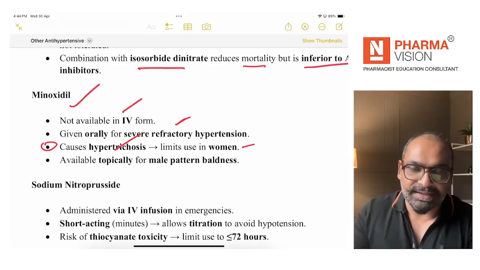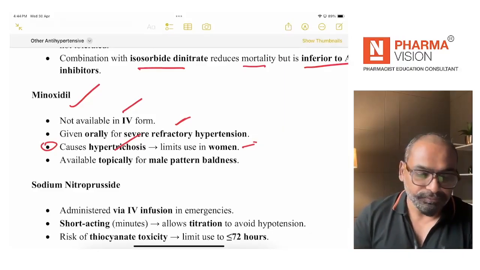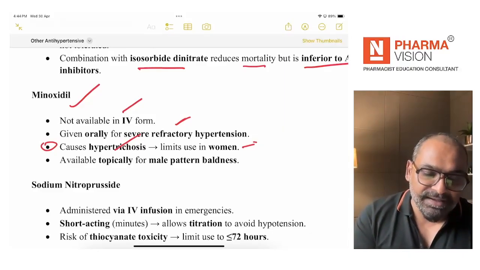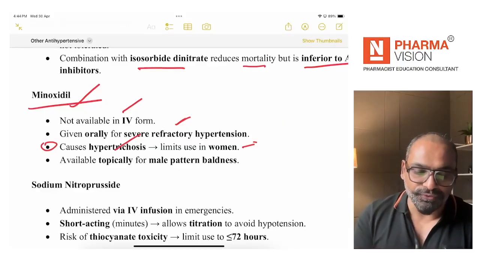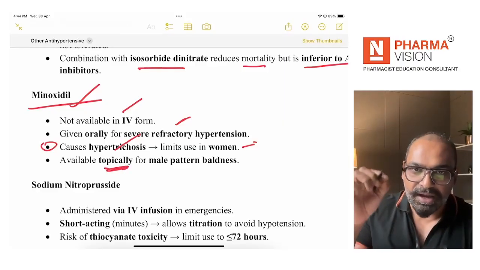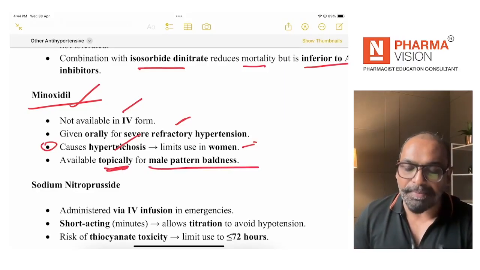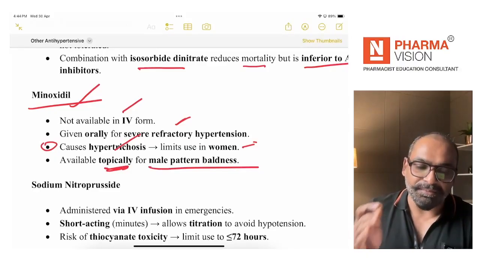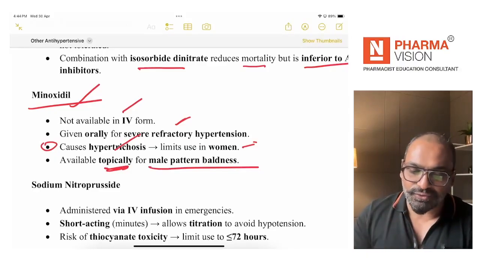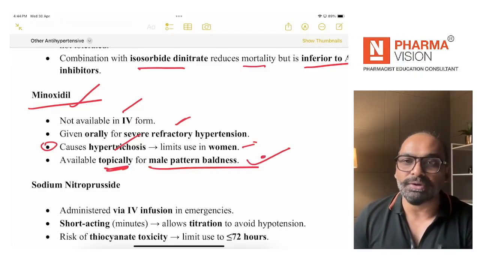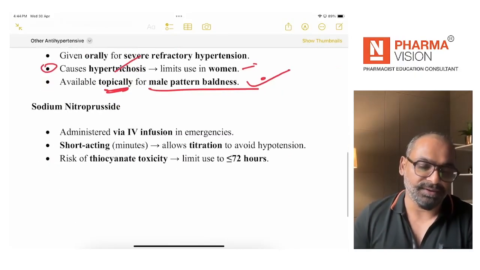But nowadays minoxidil is mainly used in topical solution form for male pattern baldness. That means minoxidil is nowadays used for male pattern baldness more commonly than for hypertension management.